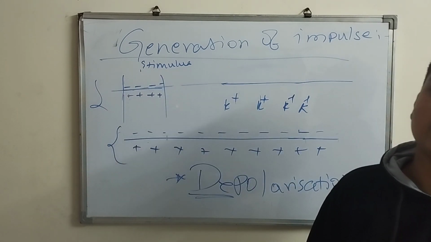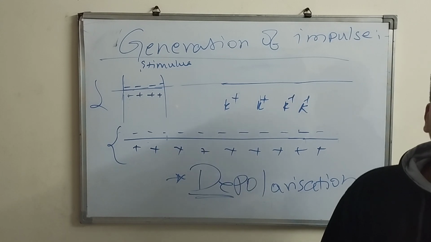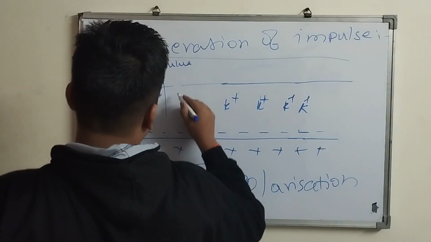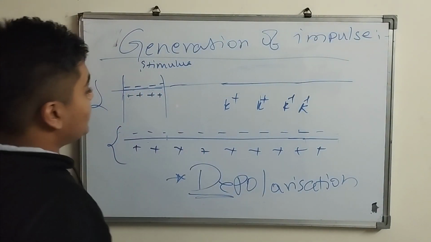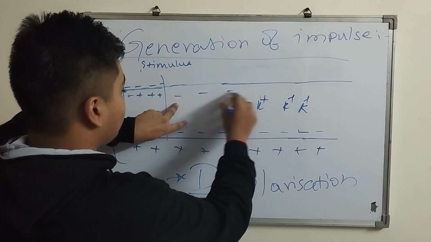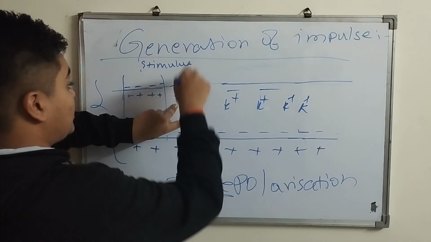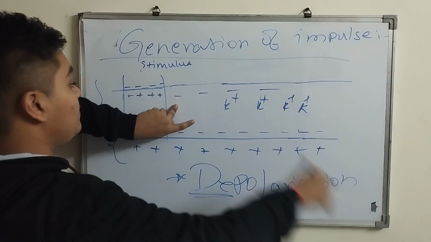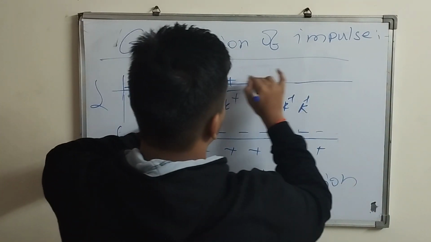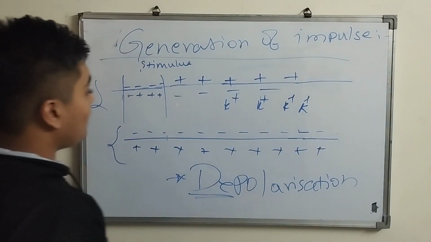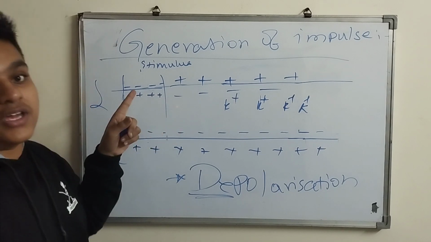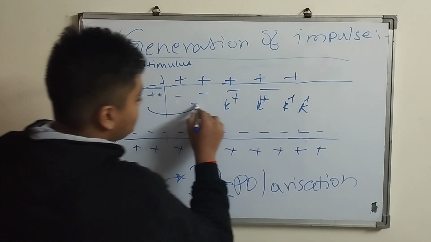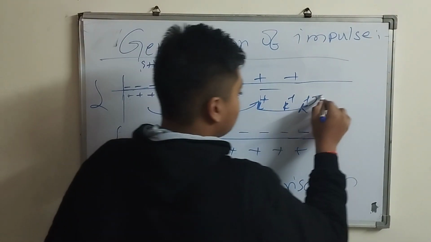Arre Baba, what is this? And now here appears the potential gradient. That is, here it is negative. Still here it is negative, the side where the stimulus has not been applied. Here it is positive. Now what is happening? Positive, negative. In your electricity, this happens.